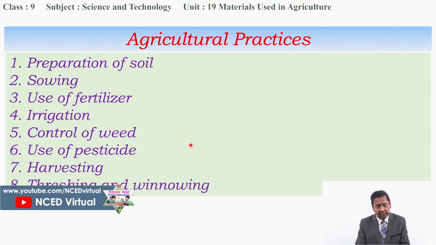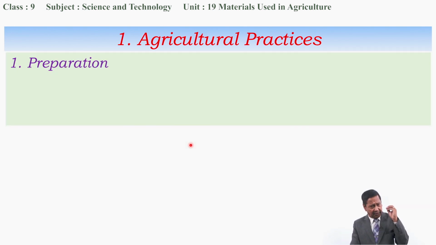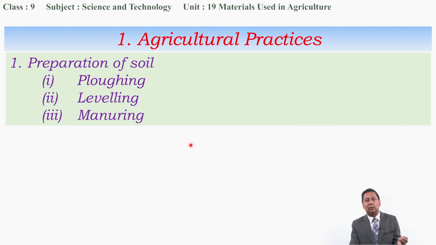Let's start with preparation of soil. How do we prepare soil for the agriculture, for the good growth of plant? First, preparation of soil means first the plowing, and then it is followed by leveling, and then manuring follows the leveling. These three processes are necessary for the preparation of soil.